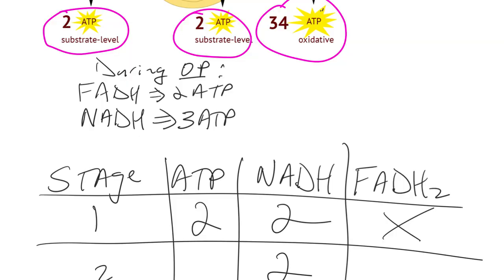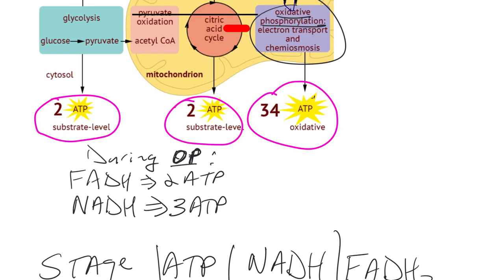Okay, during the oxidative phosphorylation stage, which is stage 4, this is where the FADH and NADH are going to be cashed into ATP. Okay, so that's a very important step.